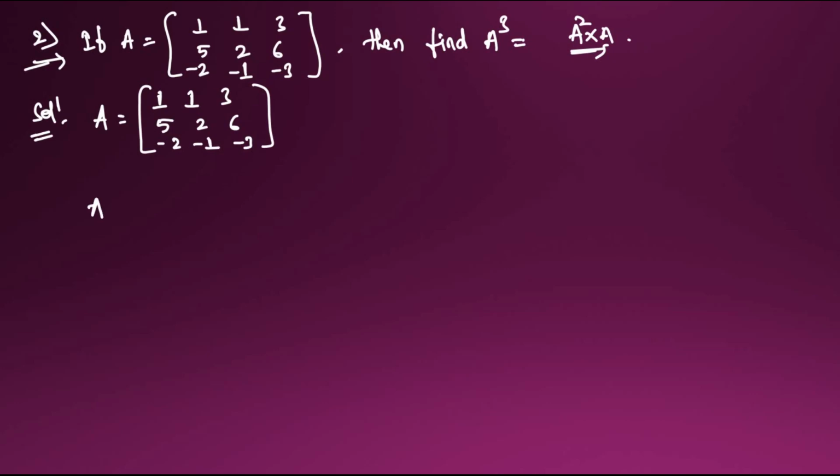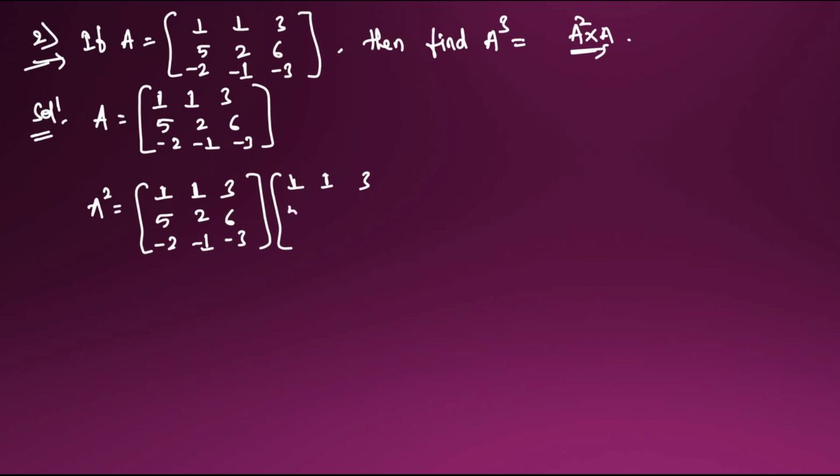First I will do A square here, my dear students. A square means A into A, we can write 1 1 3 5 2 6 minus 2 minus 1 and minus 3, into the same thing 1 1 3 5 2 6 minus 2 minus 1 and minus 3. So if we do the multiplication, this total into this total, no?